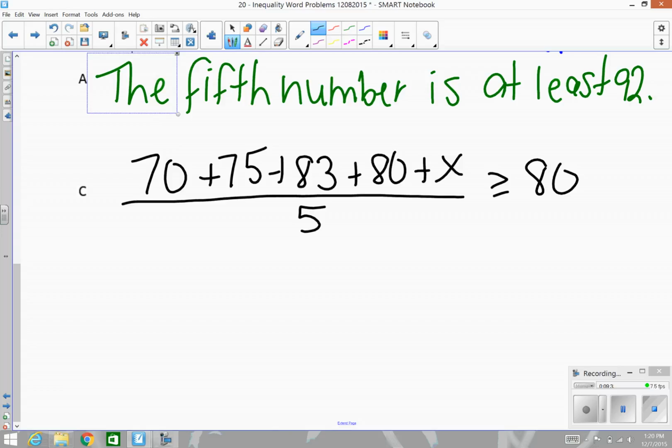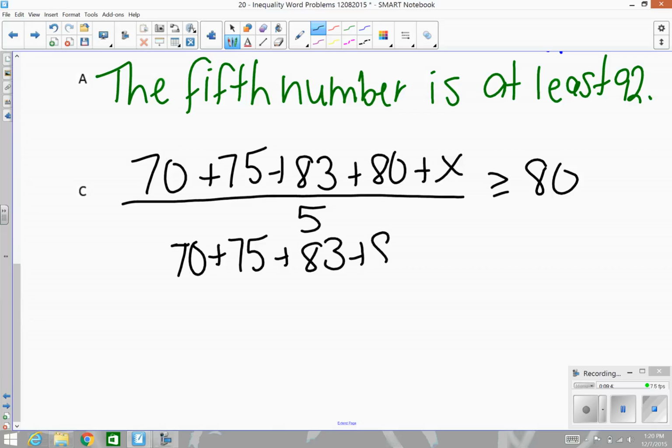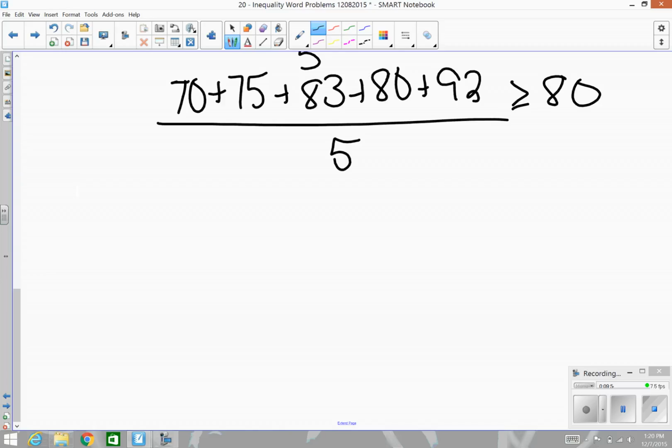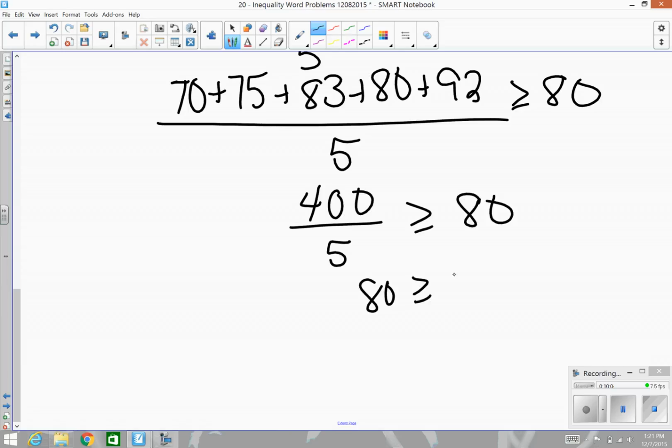Just for ease, I think I will use 92. We'll do 70 plus 75 plus 83 plus 80 plus 92 divided by 5 is greater than or equal to 80. And what you should be getting is 400 divided by 5 is greater than or equal to 80. 80 is greater than or equal to 80, which is true.